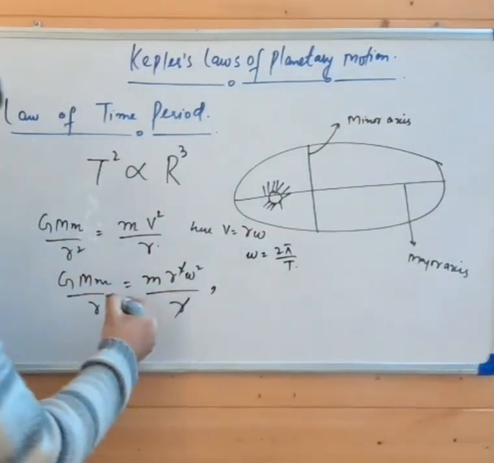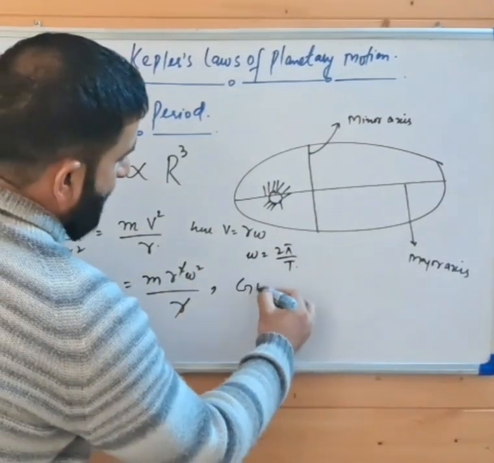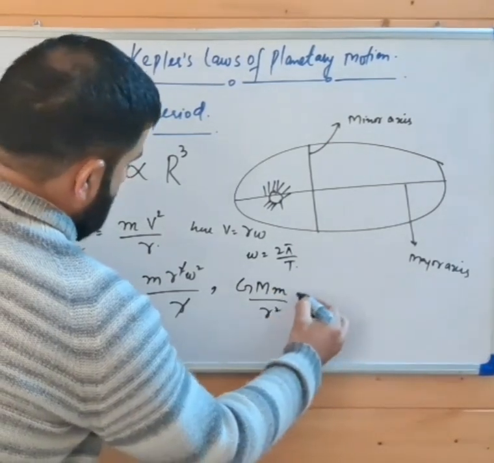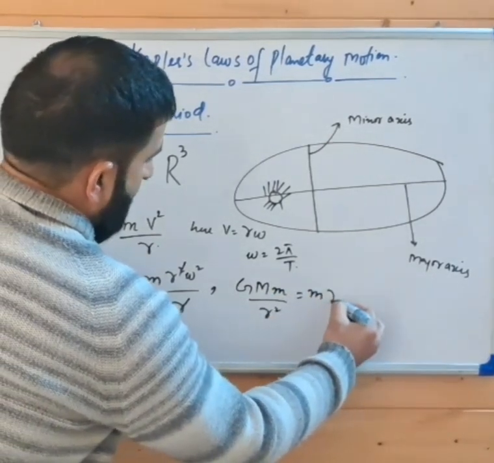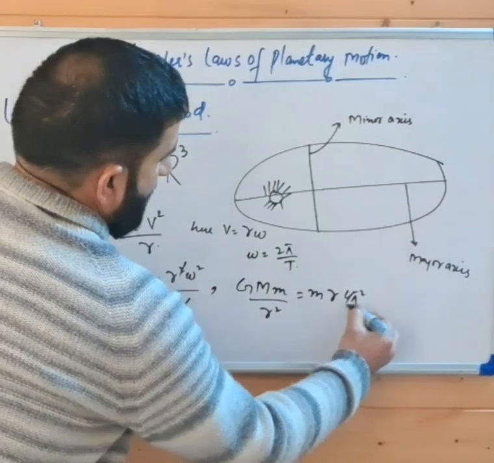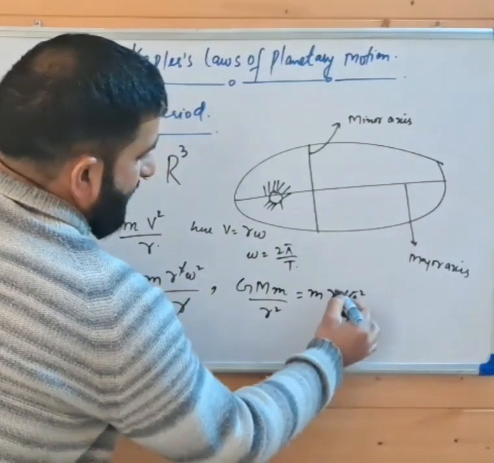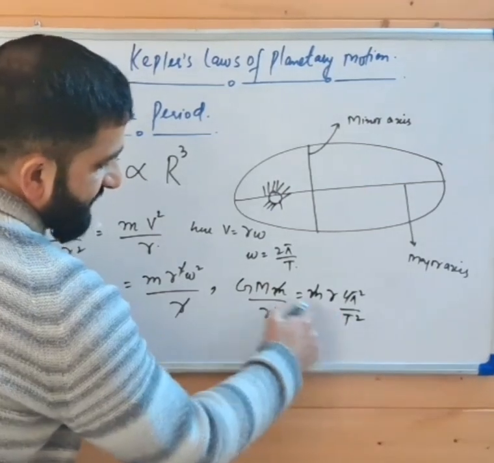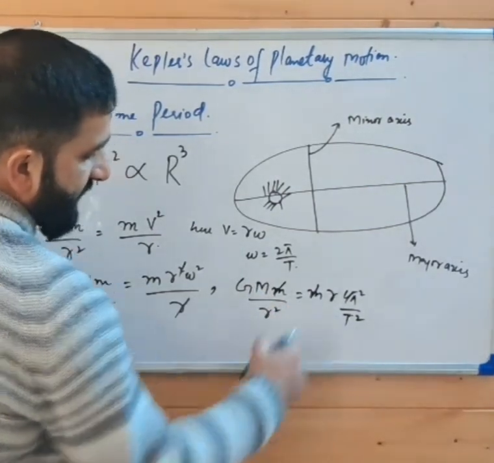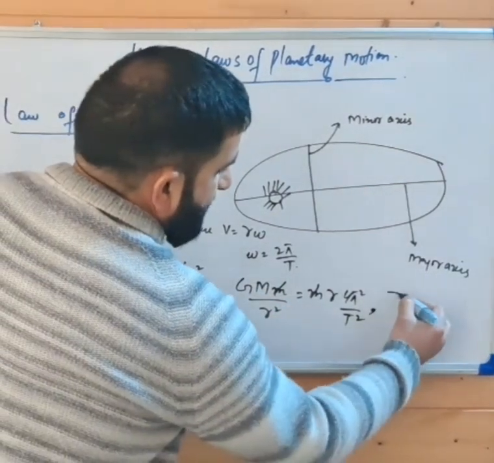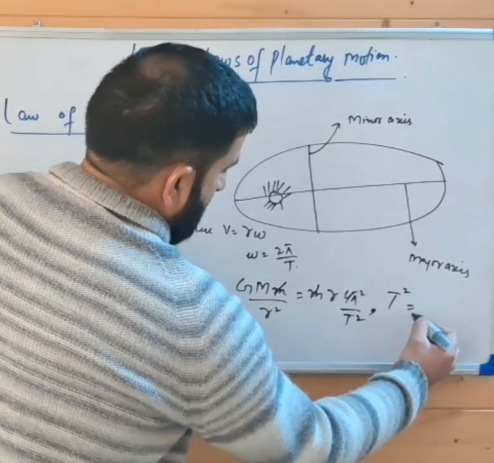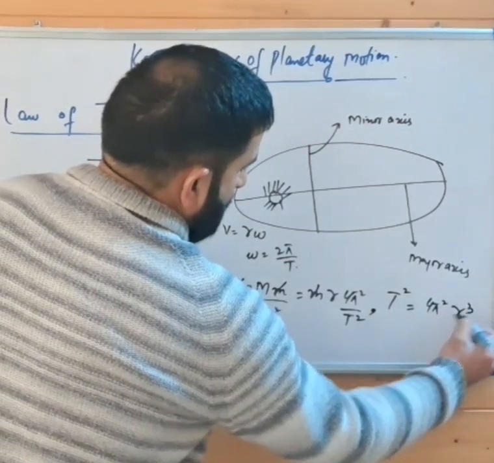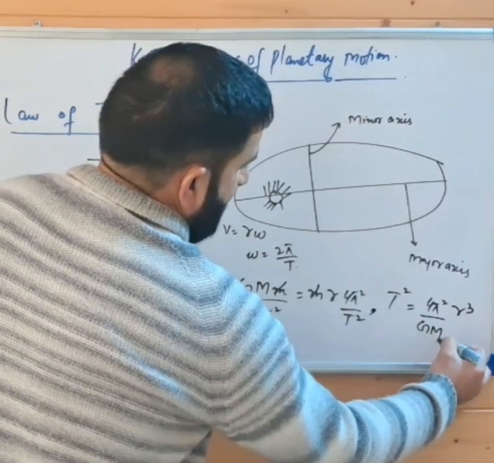Putting the value of omega in this equation, we have GMm divided by r squared is equal to m r 4 pi squared divided by T squared. Here m and m cancel. Taking T squared here and r squared here, we have T squared is equal to 4 pi squared r cubed divided by GM.